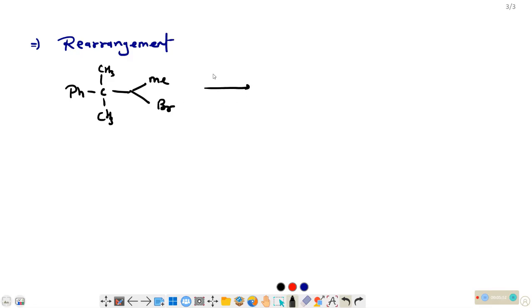If I take a base and alcohol, it will remove this bromine from here and form a carbocation. Here we can see the shifting of the carbocation. We can rearrange this and make it more stable. This methyl will shift here.